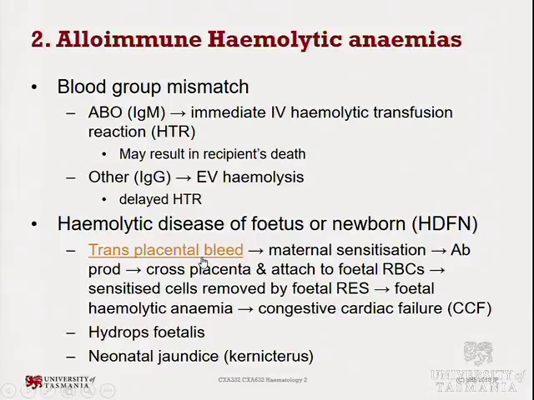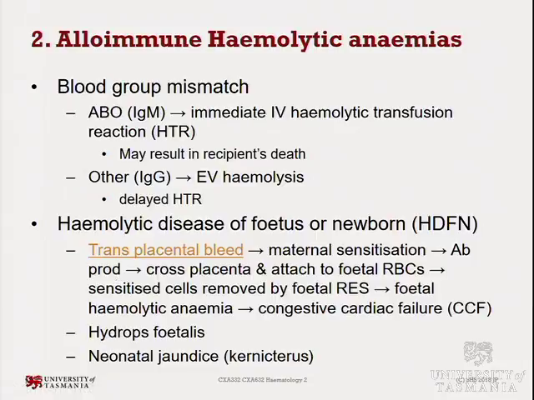When the fetal blood enters the maternal circulation, if that fetus has antigens on its red cells that are different to the mother's, because remember, the fetus gets half of its genes from the mother, half from the father. If the father has a red cell antigen the mother doesn't have, then the mother's immune system can produce an antibody to it.